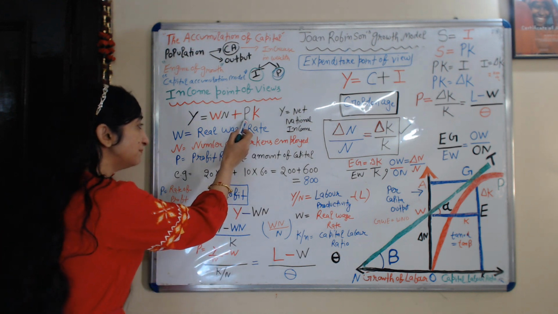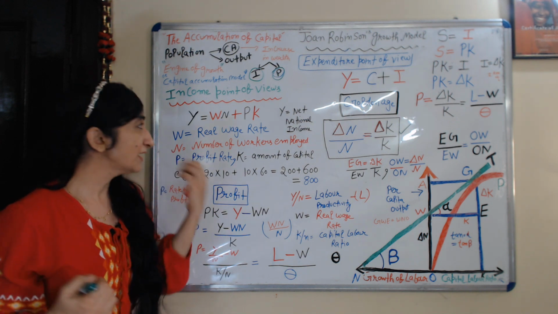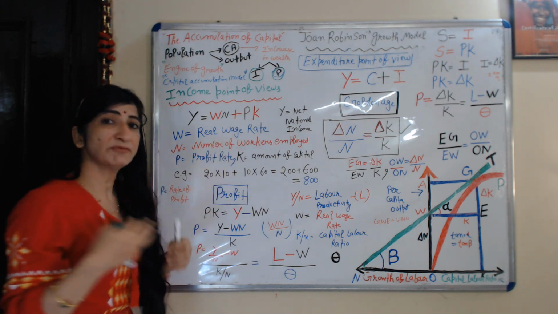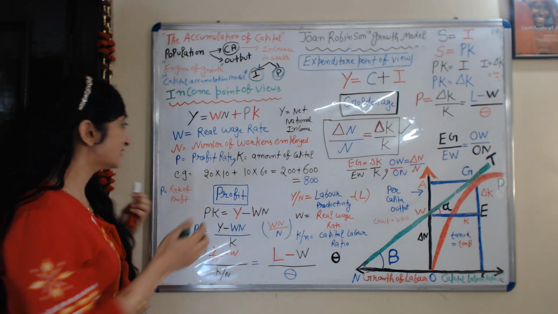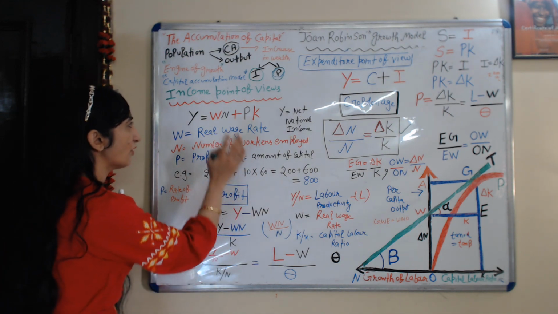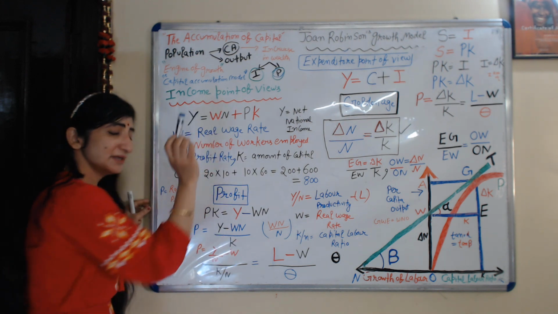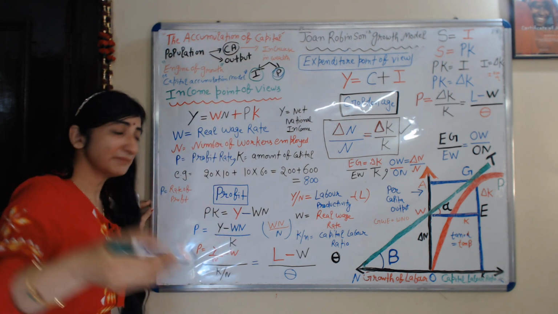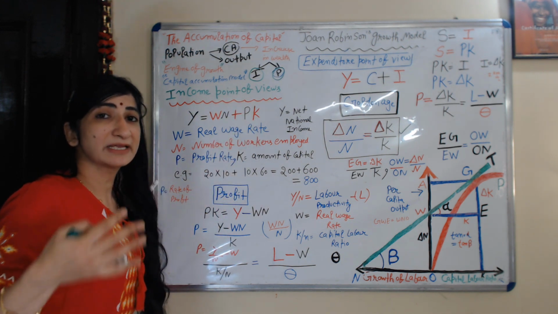P is the profit rate and K is the amount of capital. When we multiply P with K, we get the profit earned by the capitalist. WN represents wage received by labor and PK represents profit earned by the capitalist.